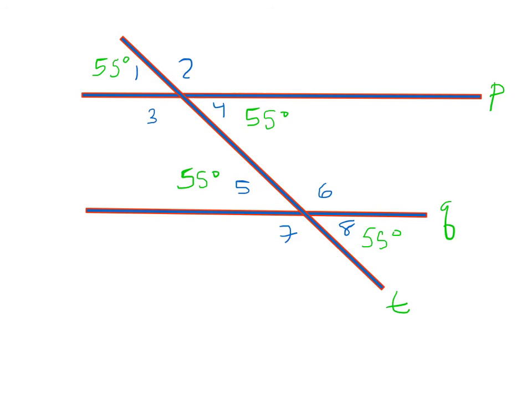That's 55. 7 and 8 here are going to be supplementary, equaling 180. So 180 minus 55 is 125. So then 6 and 7, they are opposite. 6 is an alternate interior angle with 3. And 2 is an alternate exterior angle with 7. So we can see all the angles equal either 55 or 125.